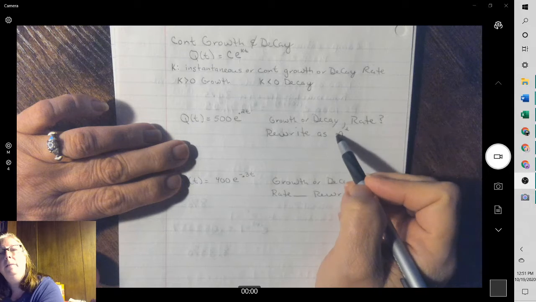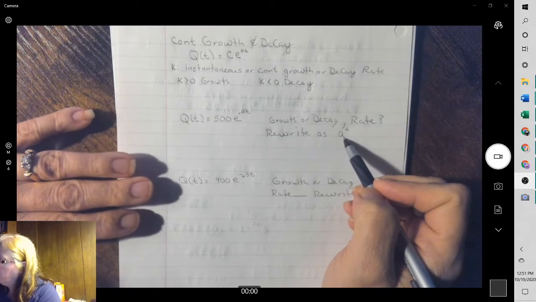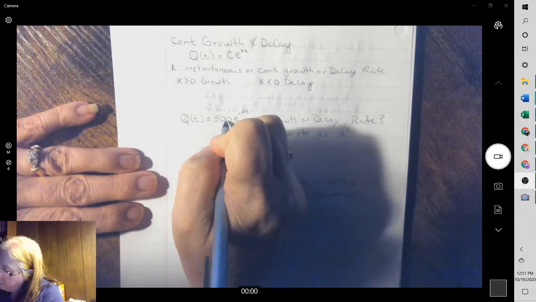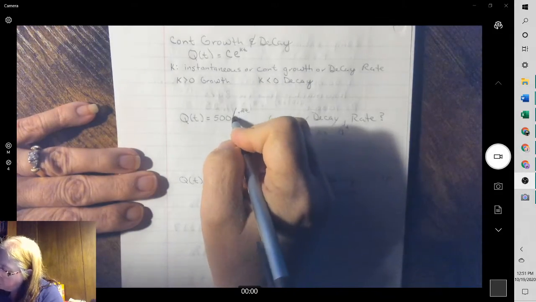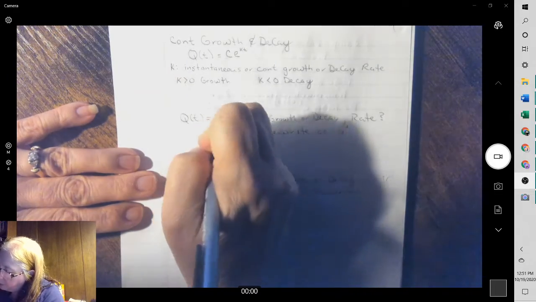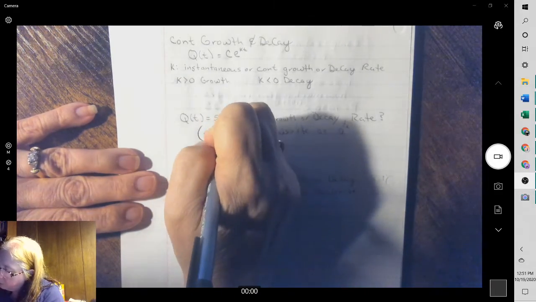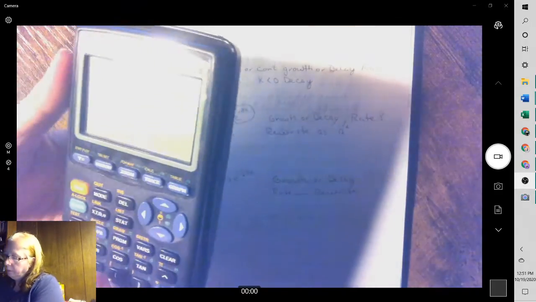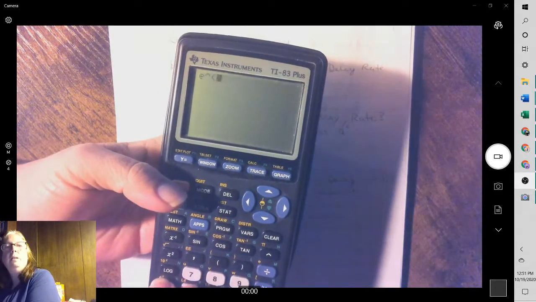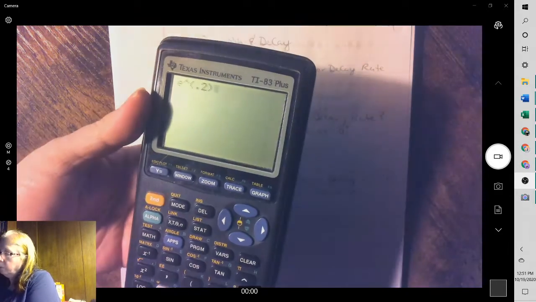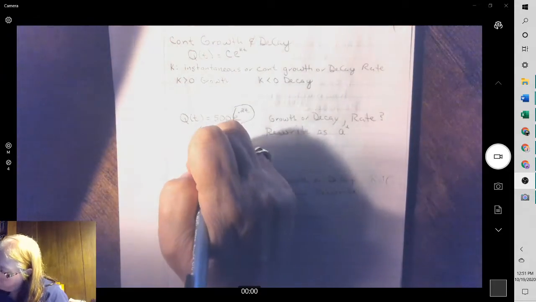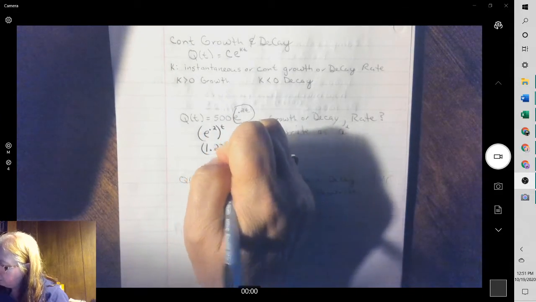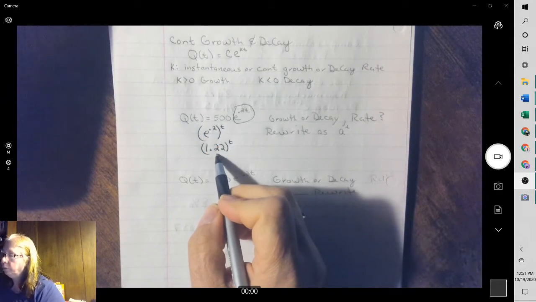To rewrite it as this, we did one problem similar to this already. To rewrite it, this stays 500, and you just use this part, e to the 0.2 t. So if we find e to the 0.2, we get 1.22 to the t, which means this is a growth.